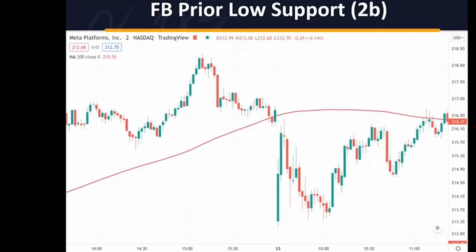Let's talk about prior low resistance, or what I would call major low resistance. And I'll explain what the difference is very quickly here. So remember I told you that resistance is largely nothing more than a negative memory point built into the market. Where did people start? Where was the origin of pain?